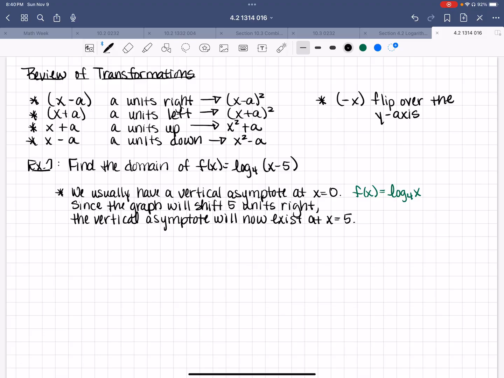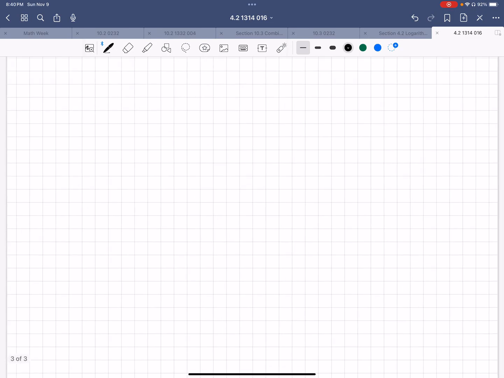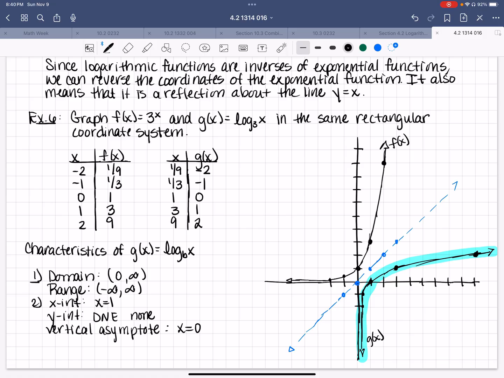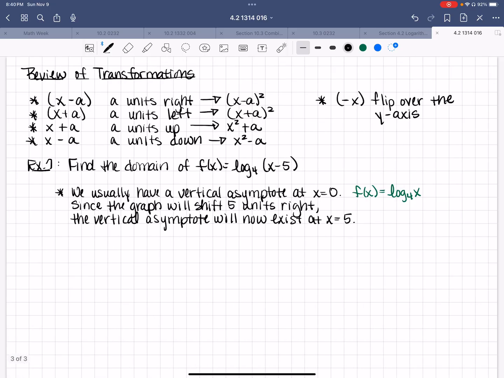Since we're going to shift this whole graph over 5 units, that vertical asymptote also moves. So the vertical asymptote will now be at x equals 5. That's also going to change our domain. So our domain now will be from 5 to positive infinity instead of 0 to positive infinity.